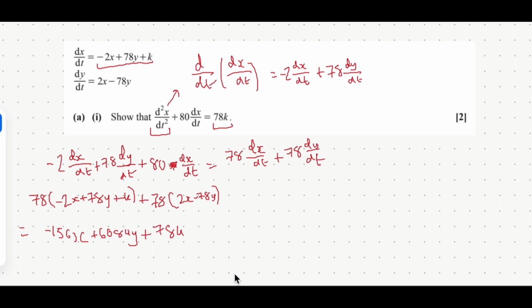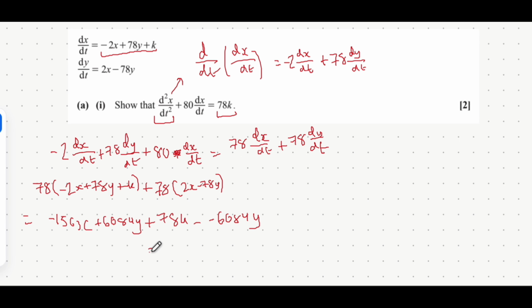Okay, moving on, 78 times minus 78y is going to be equal to minus 6084y. Now, when we collect like terms here, I feel like I missed out a term, and I have. So we got 78 times k, 78k. And then 78 times 2x is plus 156x. There you go. 78 times minus 78y is equal to minus 6084y.